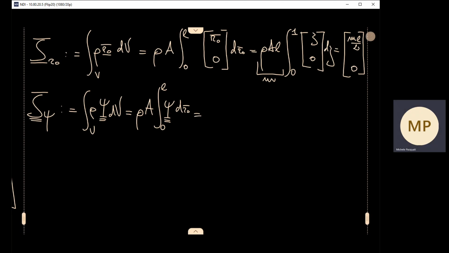We always bring out the L, so we have rho A L, which is our mass, as before, times the integral from 0 to 1 of psi in the zeta.